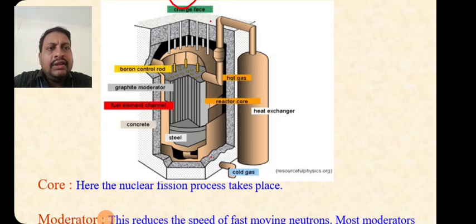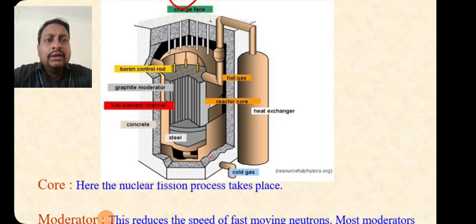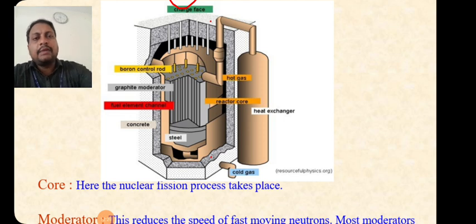Then we have the hot flue gases. Hot gases will go to the heat exchanger. In the heat exchanger, water absorbs that heat, and the water is converted into steam. That saturated steam will go to the turbine, hitting the turbine, and then the turbine starts rotating. It will be generating mechanical energy.